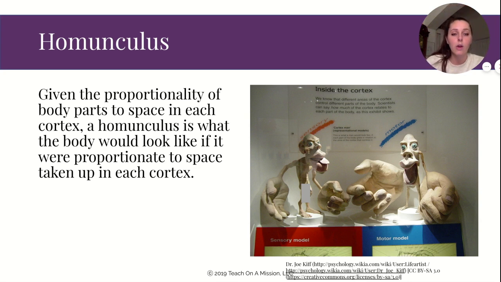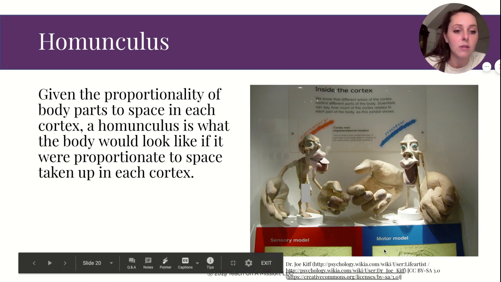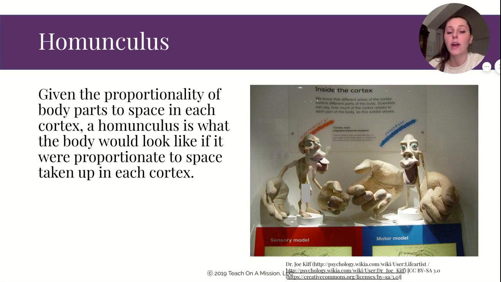So for example, the hands, we use those for a lot of precise movements. And so if it's more precise, then it has more room on the motor cortex. And so in this example of the guy to the right, where it says motor model, that's why his hands are so big, to represent that your hands take up a large part of the motor cortex because they do the most precise movements.